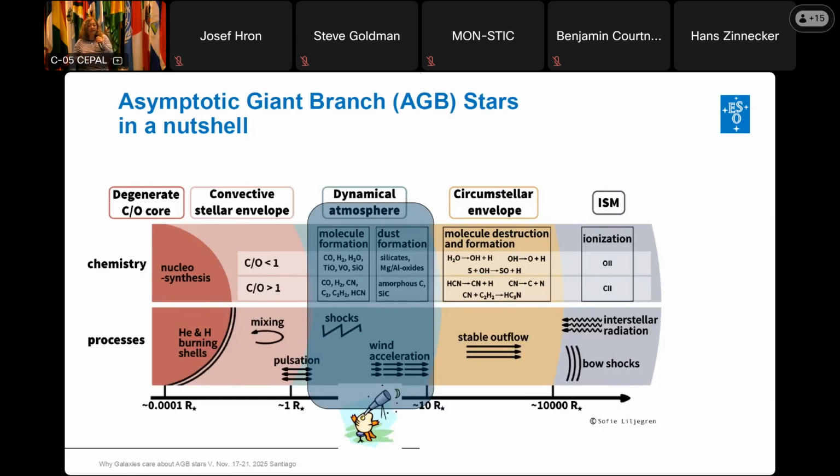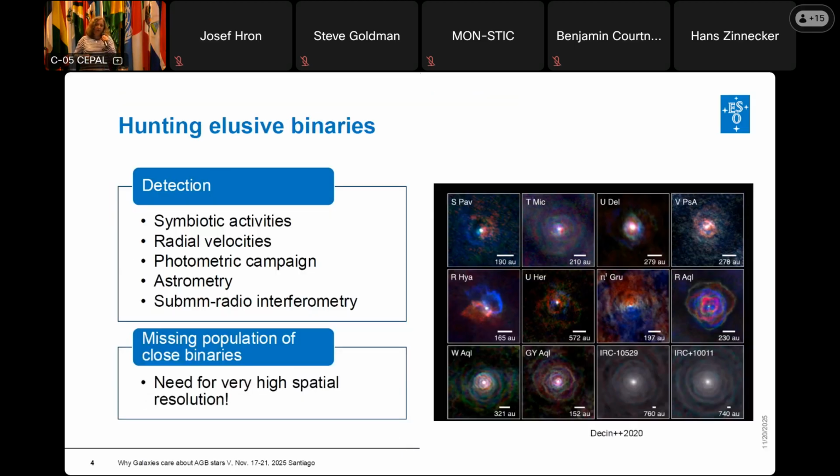The data that I will show you are from the Very Large Telescope Interferometer, so we move away from ALMA, where this community is super involved. What we are after with this program is to hunt the elusive binaries.